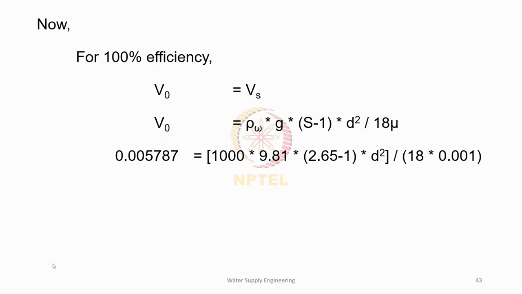Solving for d, we will have d is equal to square root of 0.005787 into 18 into 0.001, divided by 1000 into 9.81 into (2.65 minus 1).